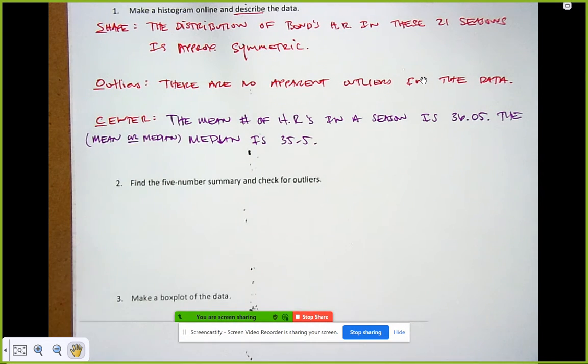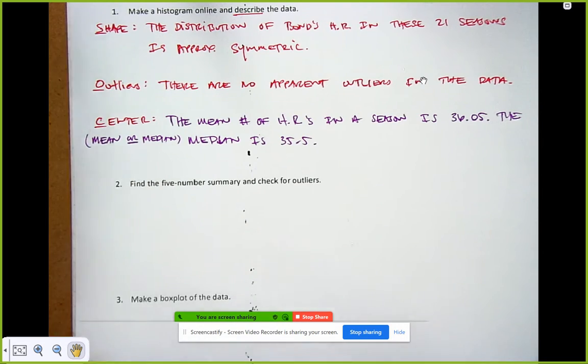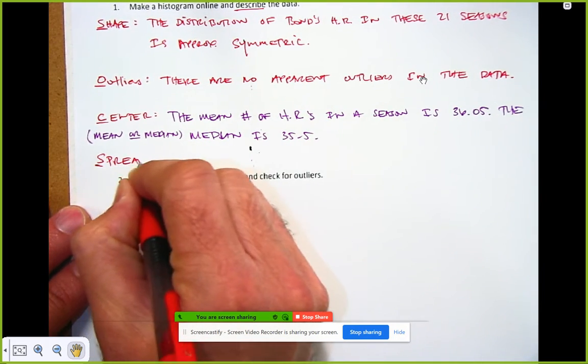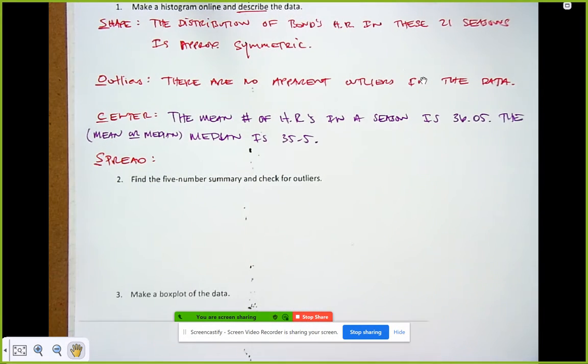Okay, and your last one would be SOCS, and that S stands for spread. And the easiest measure of spread would be range, right?